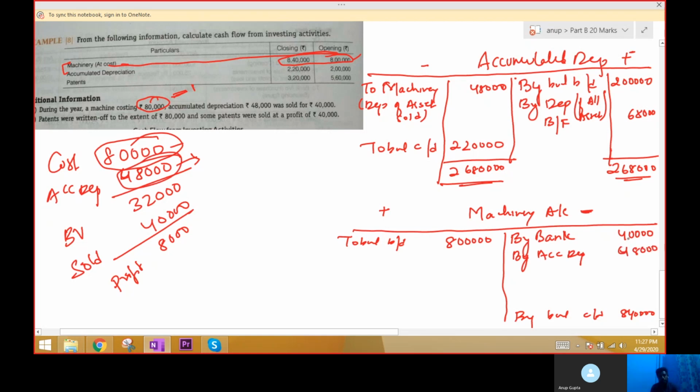So if you see, we should reduce the machinery by 80,000, but we have reduced it by 88,000. That means 8,000 is profit, so we record the profit also.